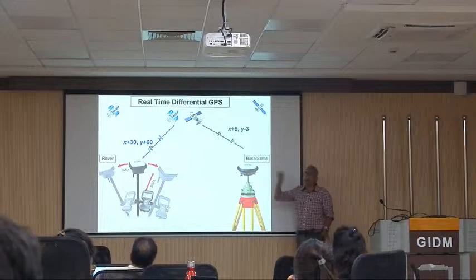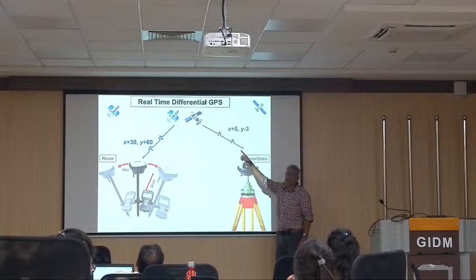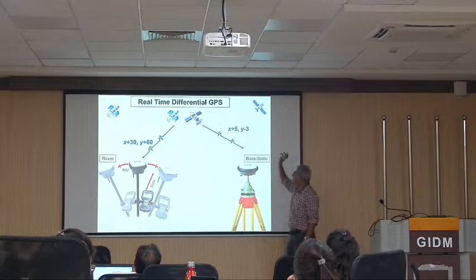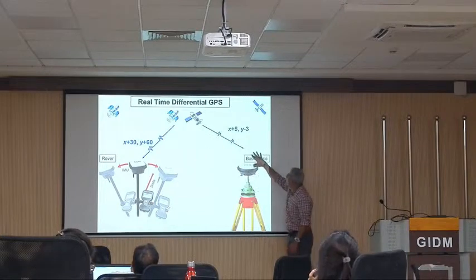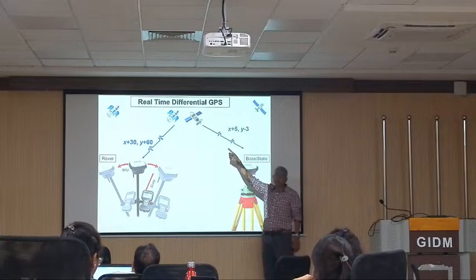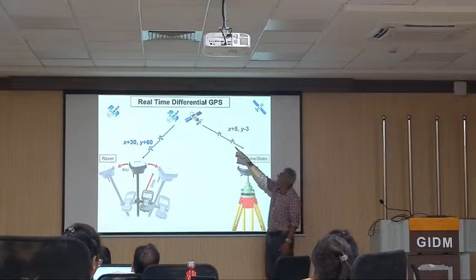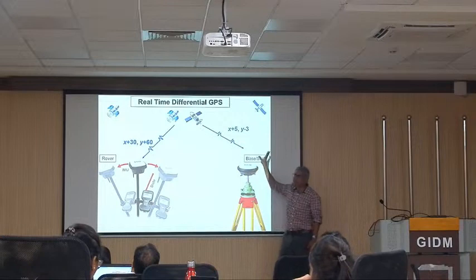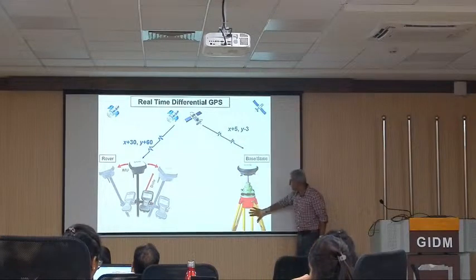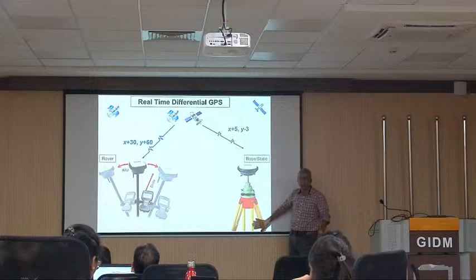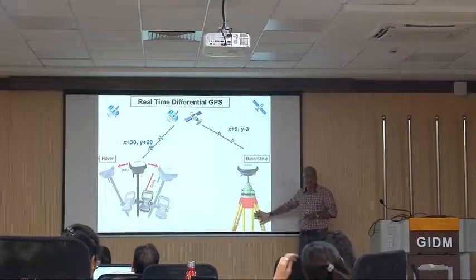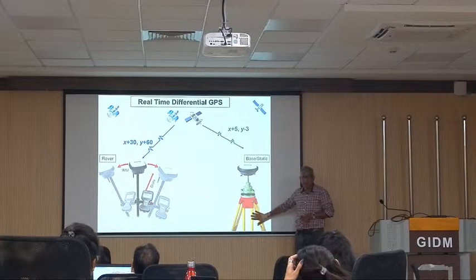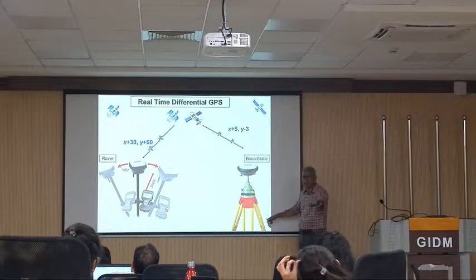So what happens is your satellite transmits some data, there are some limitations, some atmospheric errors and whatever errors there were, and the data was sent at some time, and this particular device is located at X and Y coordinate. You know the precise X and Y coordinate of this location through static data or Survey of India data.